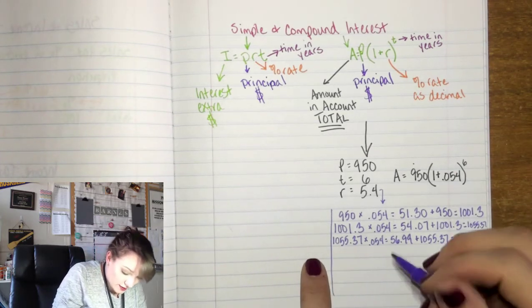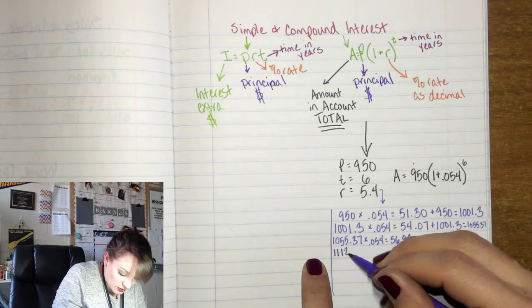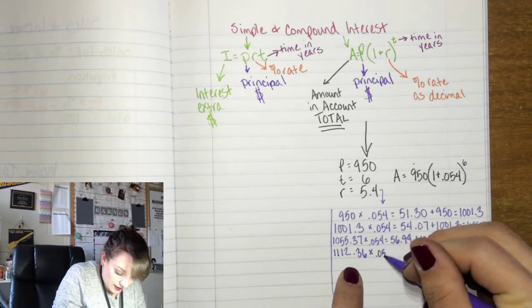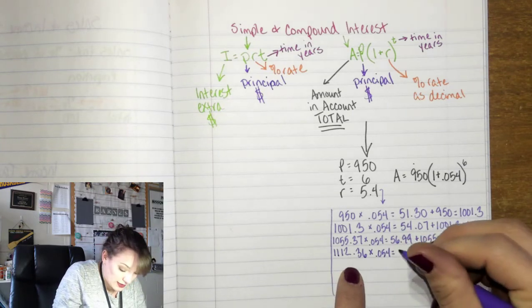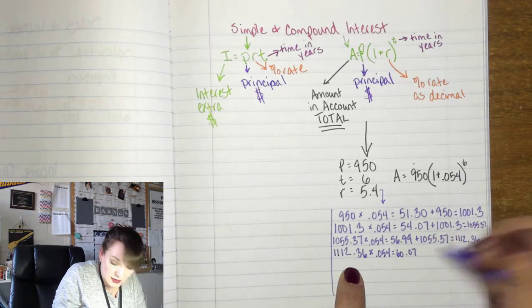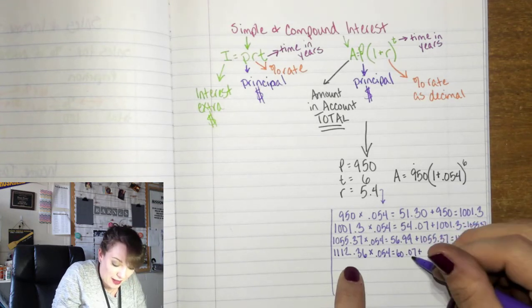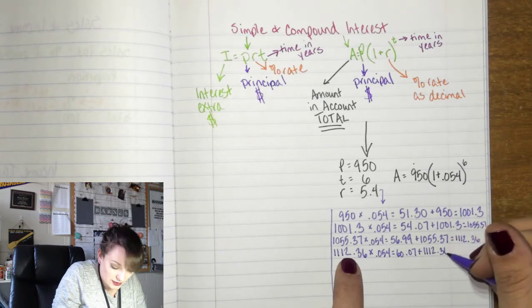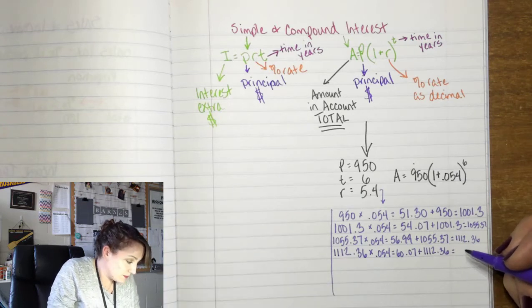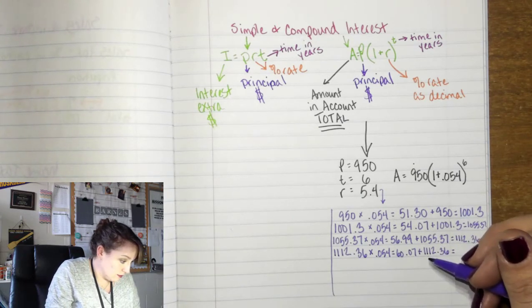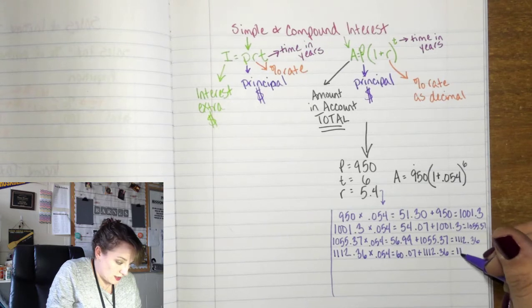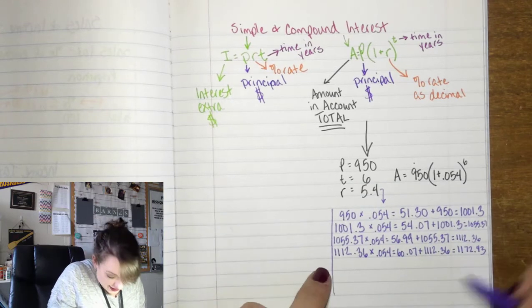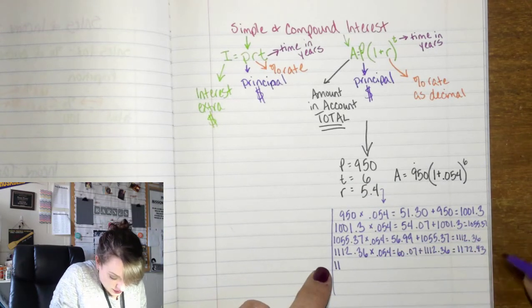Year 4, I have $1112.36 times 0.054. That equals $60.07. I get to add it back to my total from that year, 1112.36, and that equals 1172.43.